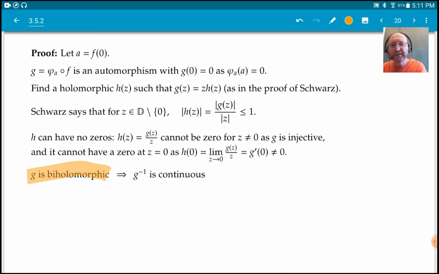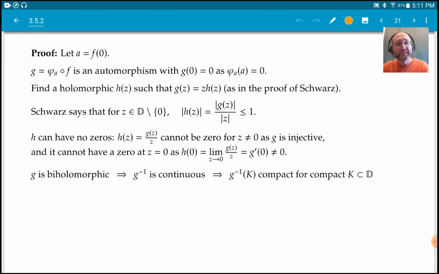Now, g is biholomorphic. That means g inverse is holomorphic. In particular, it's continuous. Continuous functions push forward compact sets to compact sets, so the image by a continuous function of a compact set is compact. Well, g inverse is continuous, so if I push forward K, some compact subset of D, then that has to be compact.